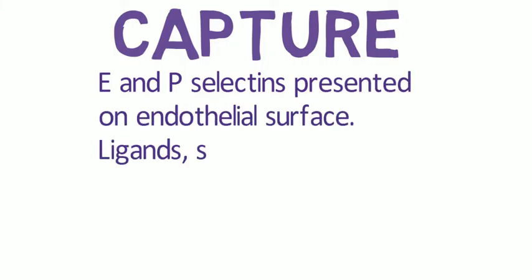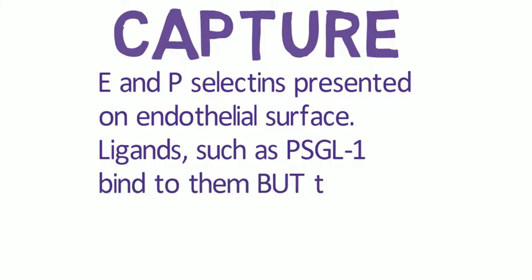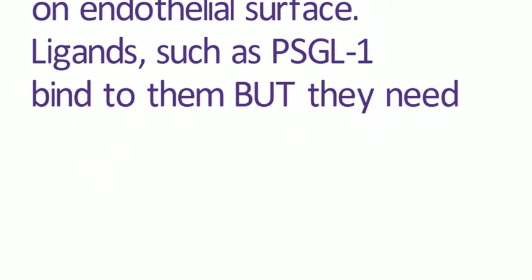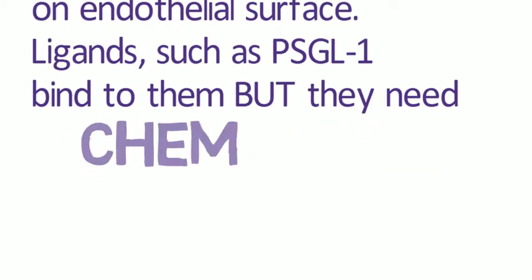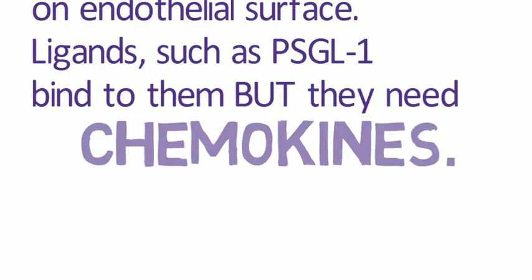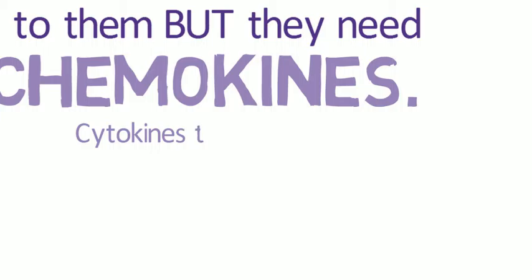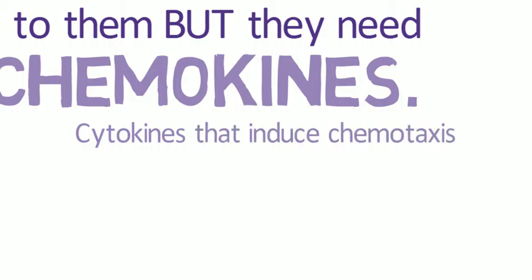This allows ligands, such as P-selectin glycoprotein ligand 1, that are found on free-flowing leukocytes, to bind to them, triggering the next steps. However, for leukocytes to be able to do this, they must first be recruited to the area, which is done through the use of chemokines, a type of cytokine that induces chemotaxis.